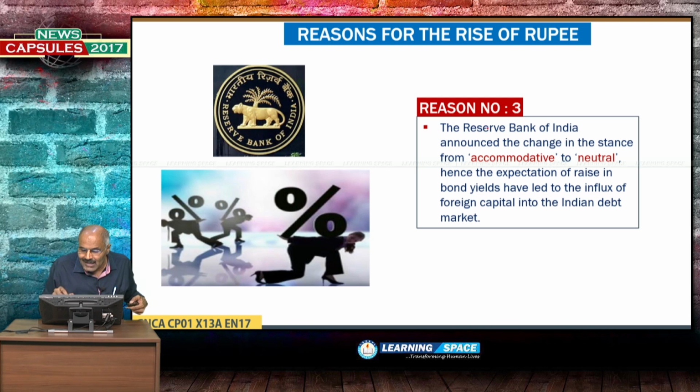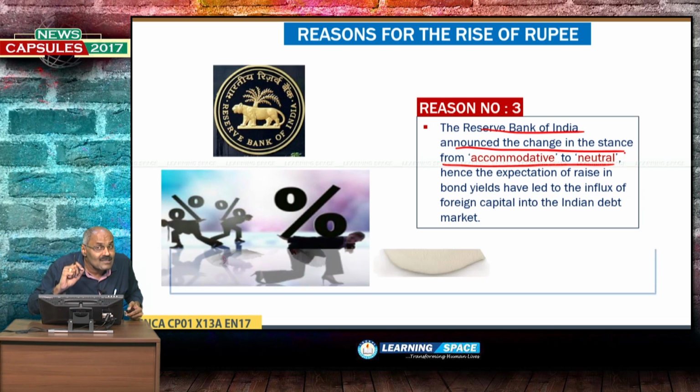Next one is that the Reserve Bank of India announced the change in the stance from accommodative to neutral. During the February monetary policy, the Reserve Bank of India stated that they are changing the stance from accommodative to neutral. What is accommodative?